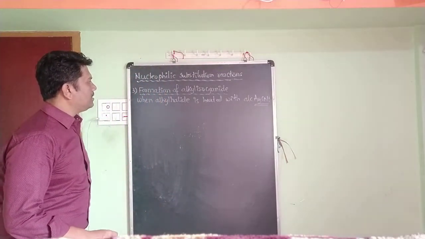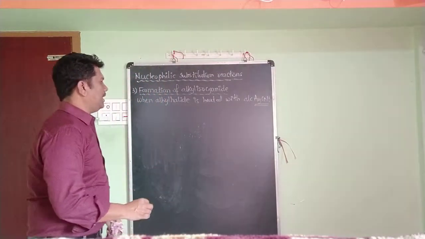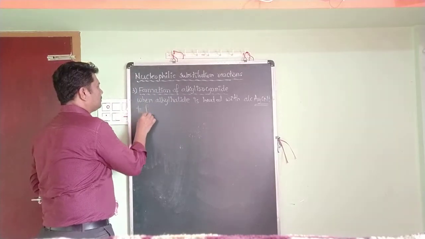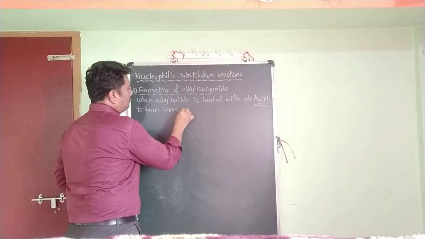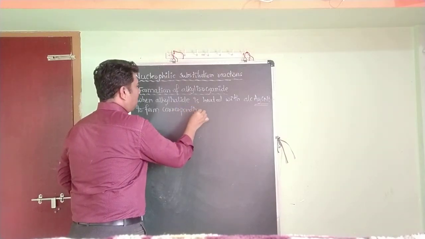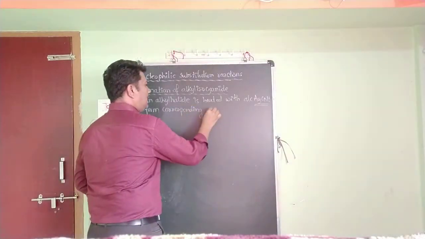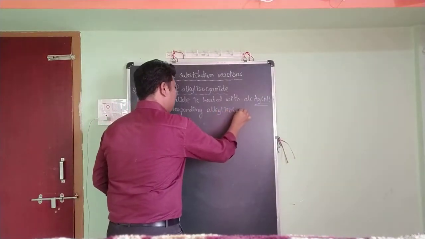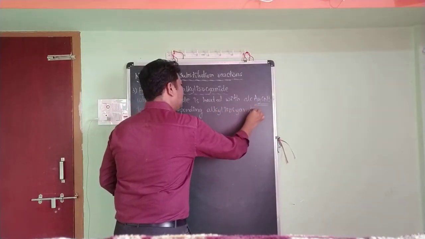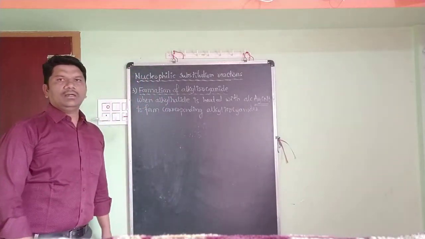When alkyl halide is heated with silver cyanide, it forms the corresponding alkyl isocyanides.